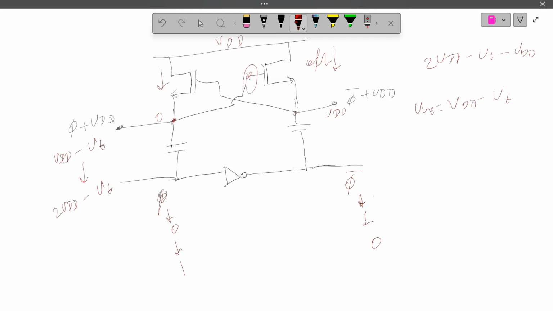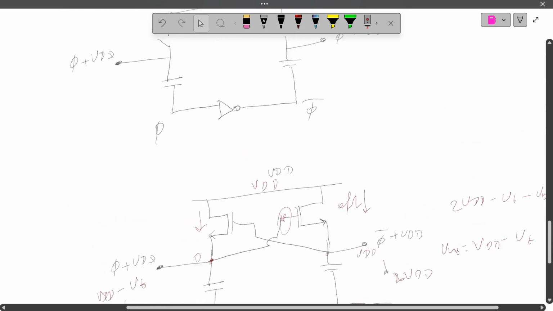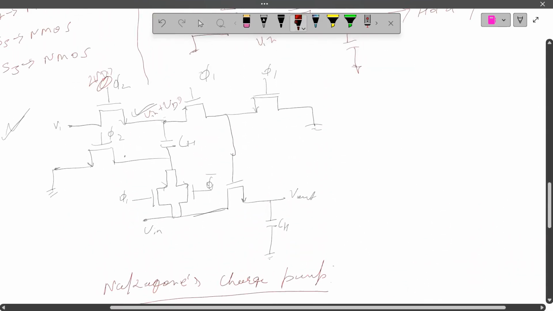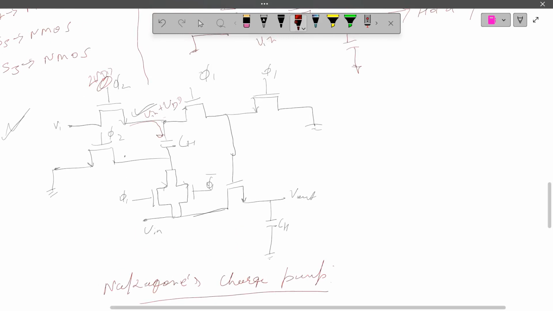Okay, got it? So it will come to VDD, right? So 2 VDD will come at switch 3 here. So it will properly work for charging the switches. Okay, sorry, charging the capacitance.